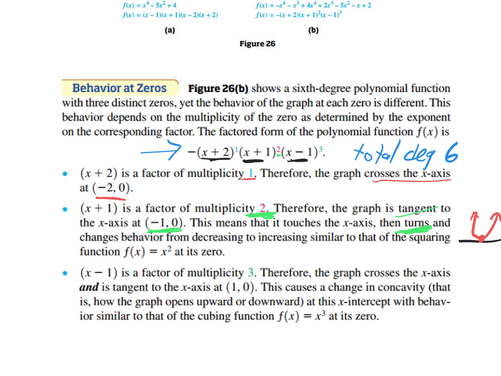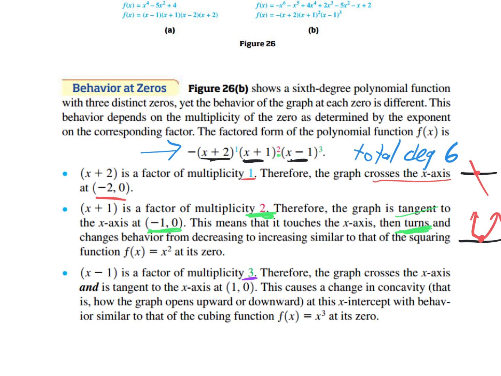Whereas with the first degree function, you have your x-axis, and your line would just go straight through it at that point. And let's take a look at this last one. The last one has a multiplicity of 3. A multiplicity of 3 is kind of interesting.